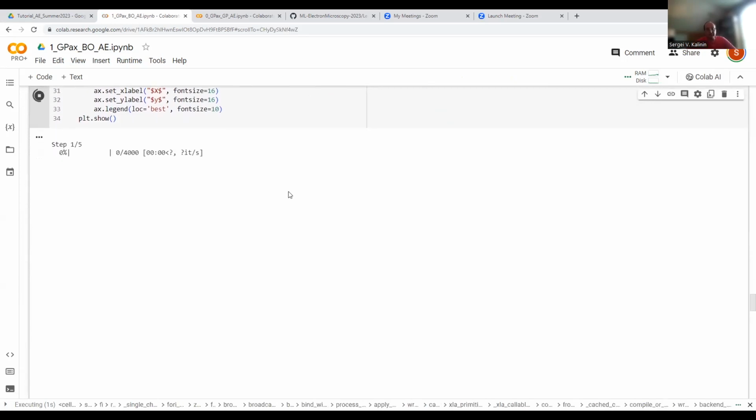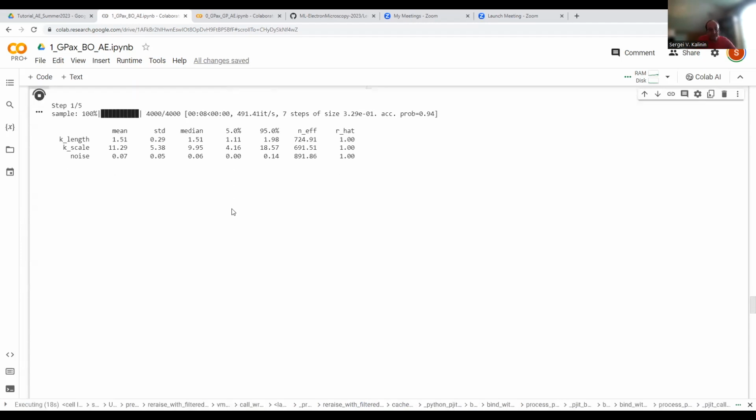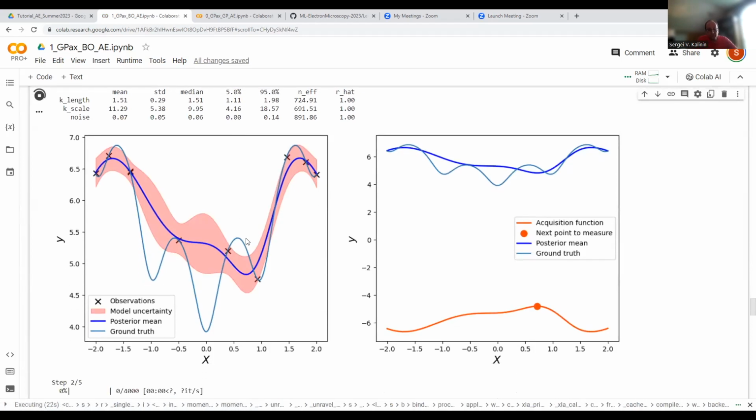So let's see what happens in this case. So let's see the process one more time. So again, since we fixed the keys, in this case, our measurements are kind of reproducible.